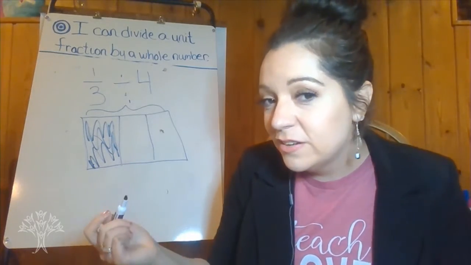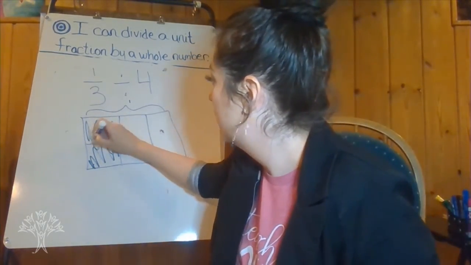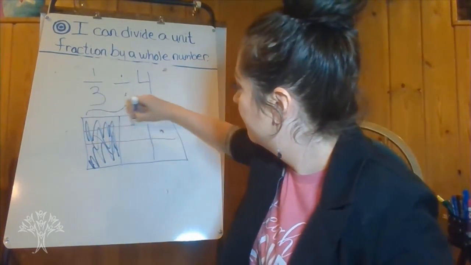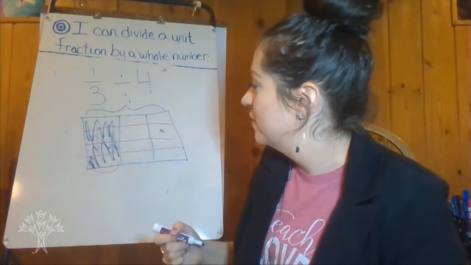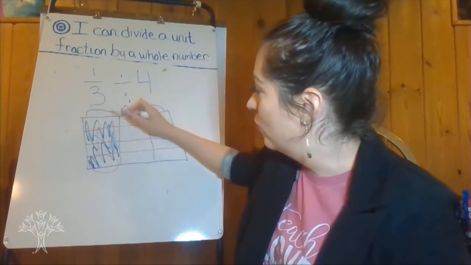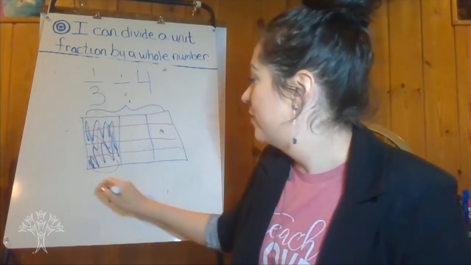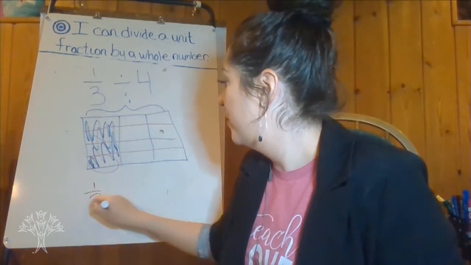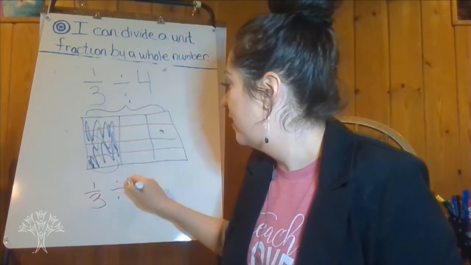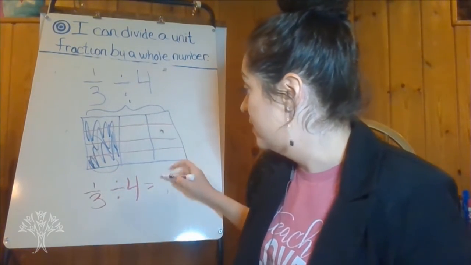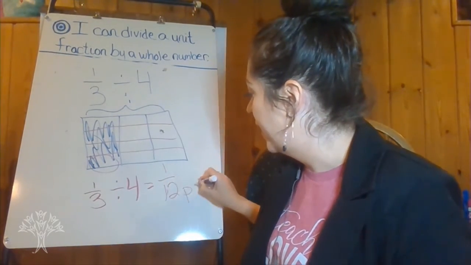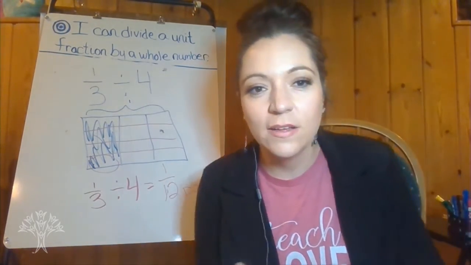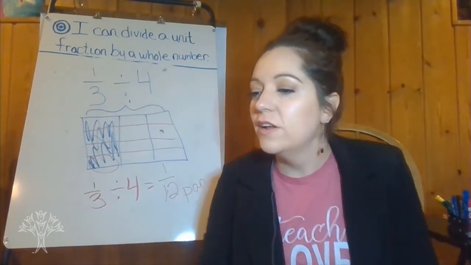How many people do we need to divide it by? 4. So 1 piece out of 4, 8, 12. 1/3 divided by 4 is 1/12 of the pan of lemon cake. So, lemon bars. There you have it.